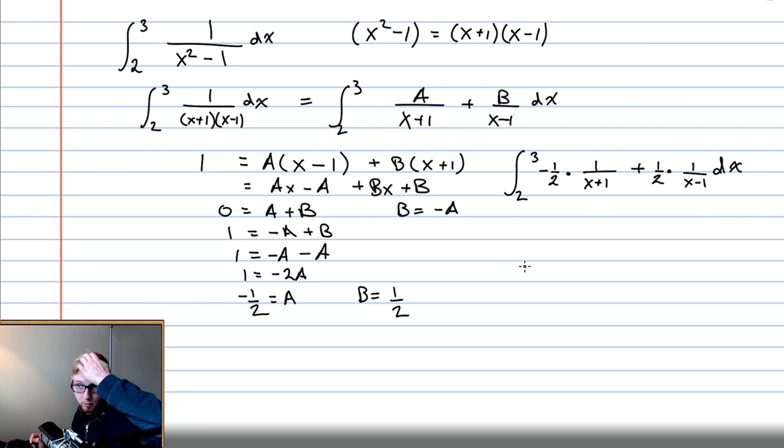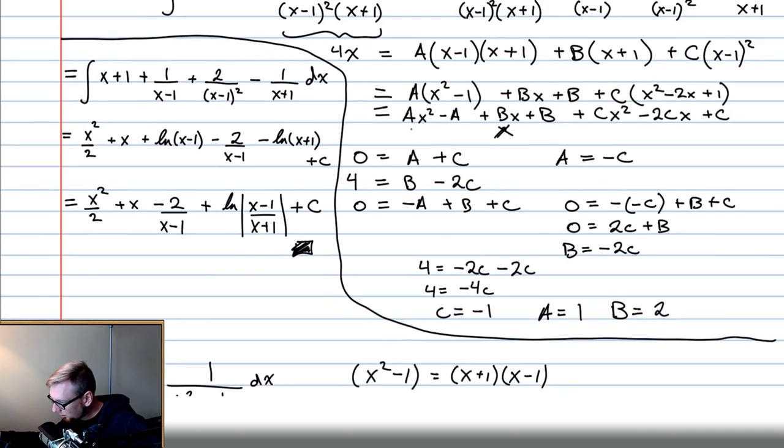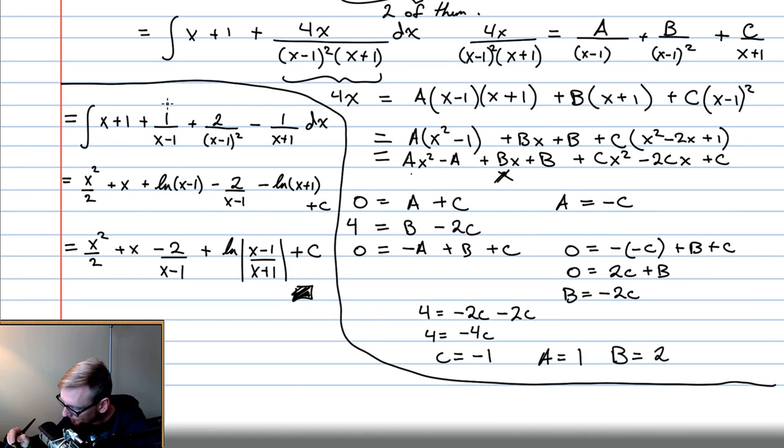Okay, now what do? We changed it. We can integrate. Well, like we did in this previous question right here, these ones are natural logs. We'll do the natural logs.